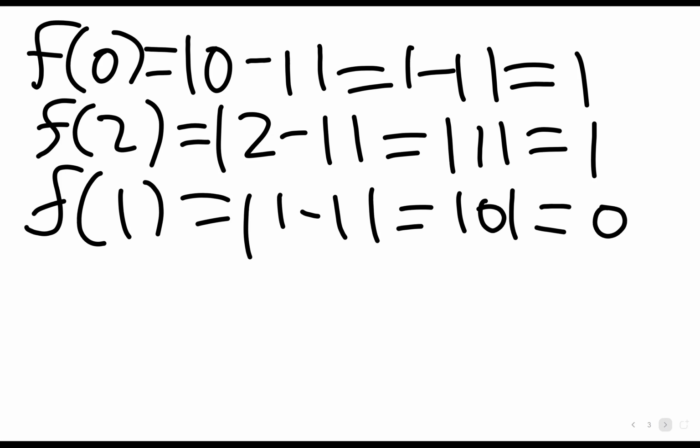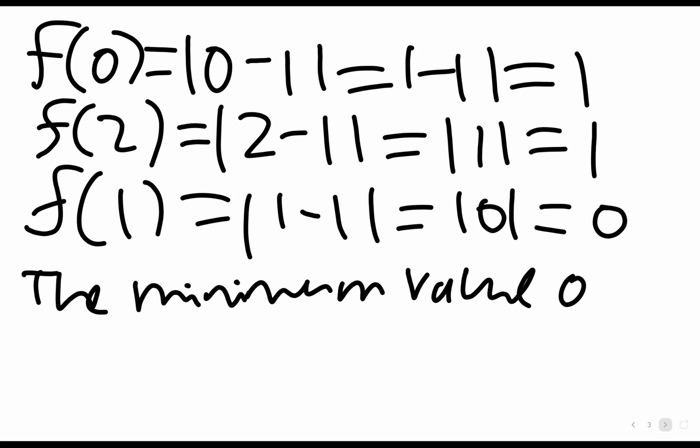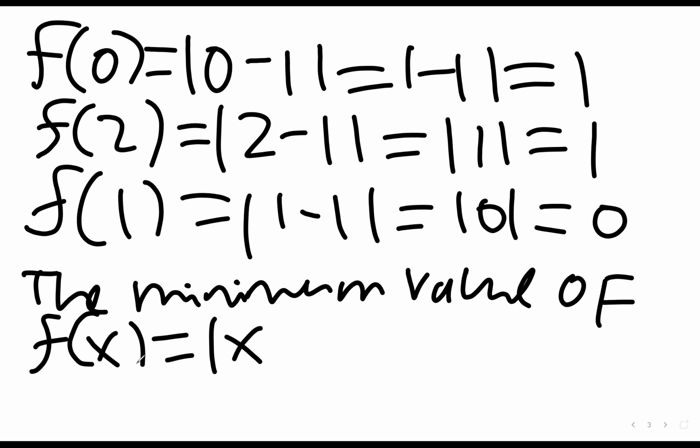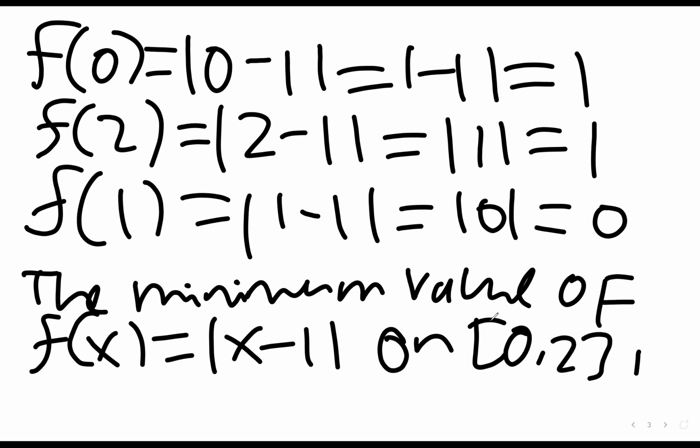So you'll see that the minimum value of f(x) equals the absolute value of x minus 1 on the interval [0, 2] is 0, the smallest one.